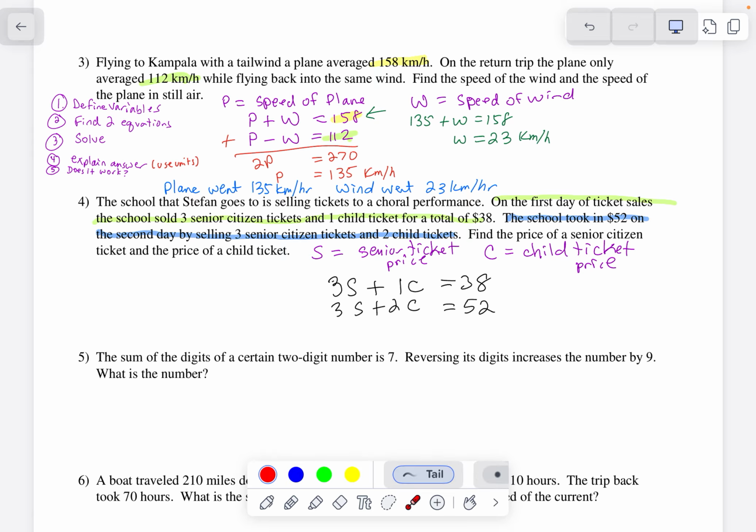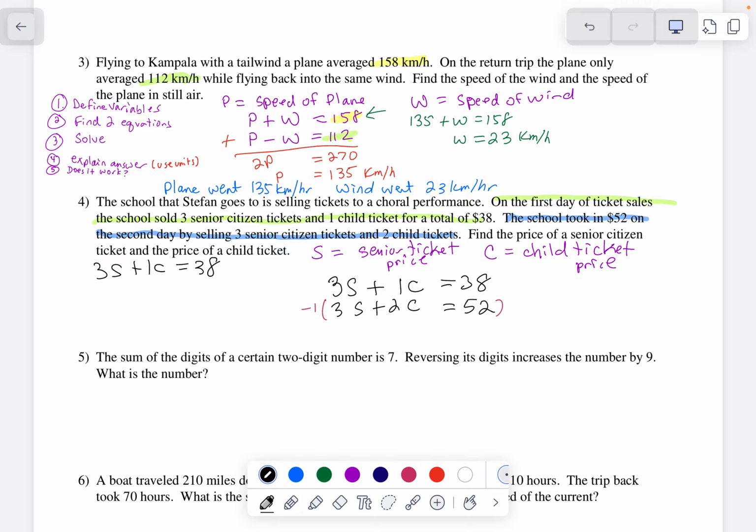This one, since there's one of these, you could bring this over here and do substitution. That would work. But I also noticed that we've got these 3 S's that match in both. So to make them opposites, let's multiply this one through by -1. Okay? When I do that, the top equation I've decided not to do anything with.